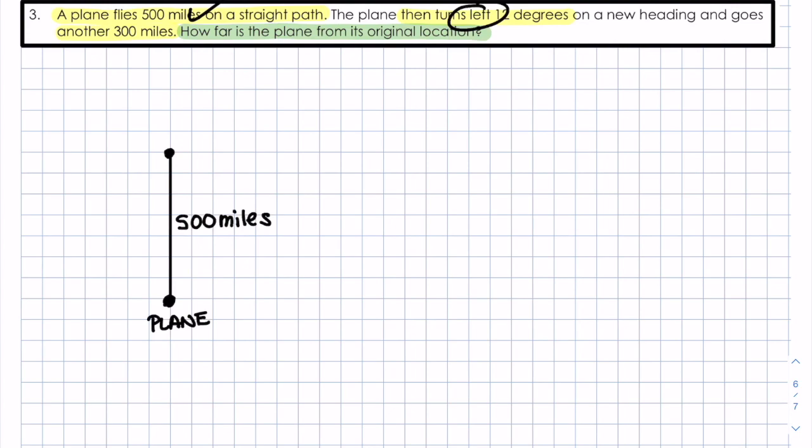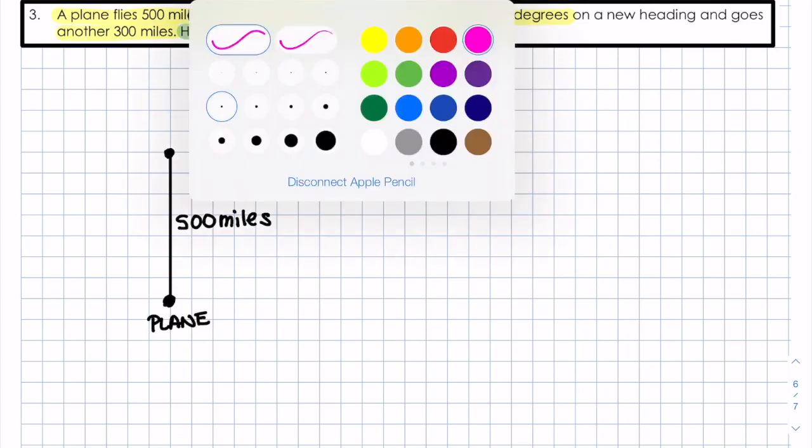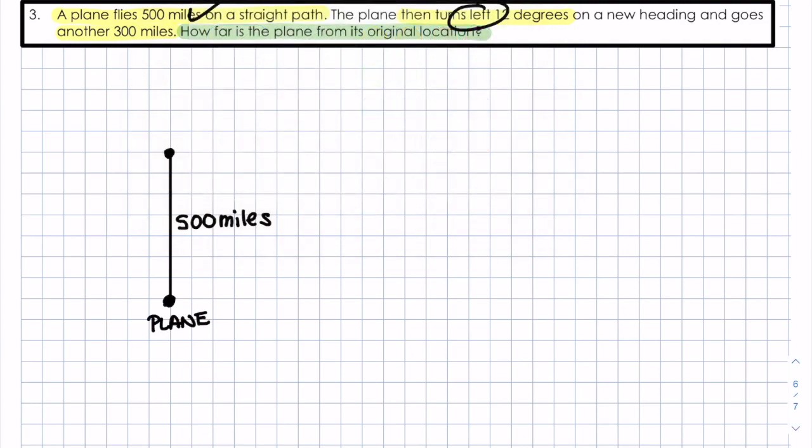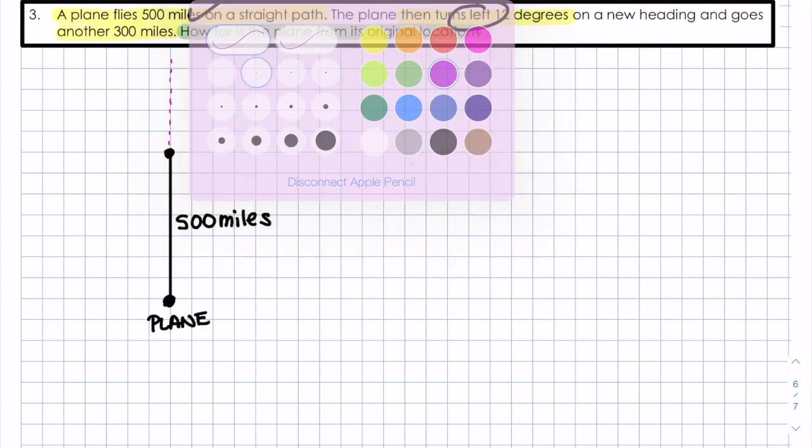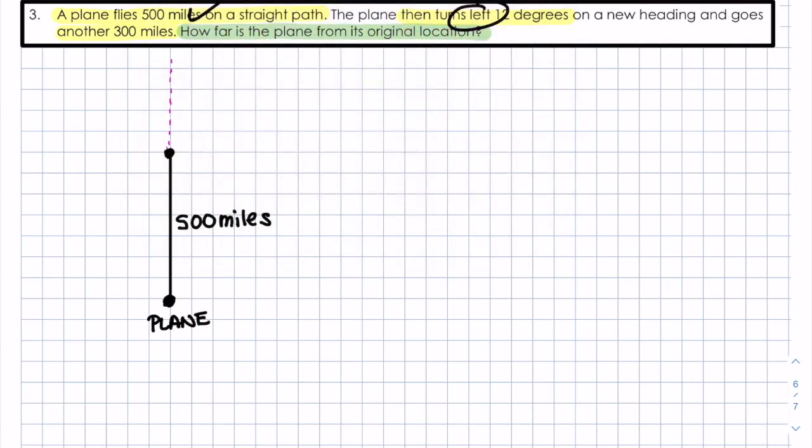The plane then turns left 12 degrees. So think about this. Here's the path that the plane was headed on, I'll do it in this pinkish color. The plane would have continued along this pinkish path, but it diverted a little bit and went that way on that purple path.